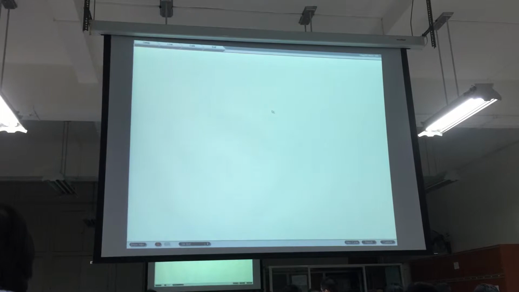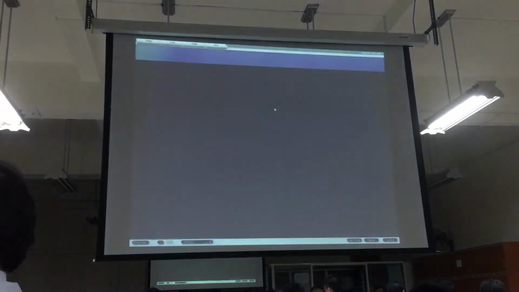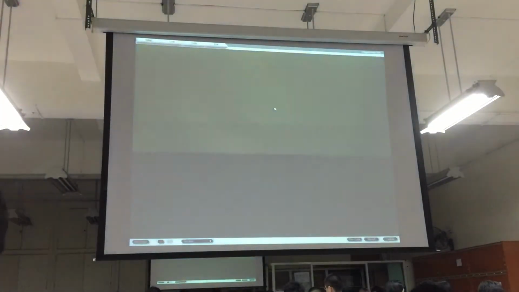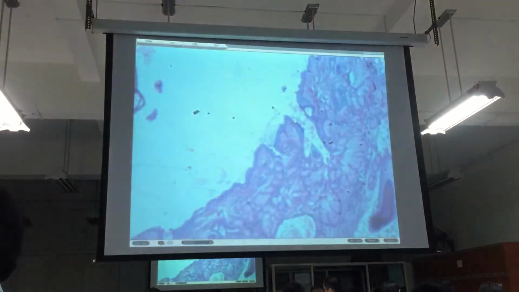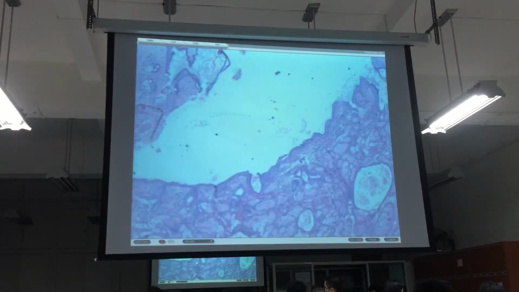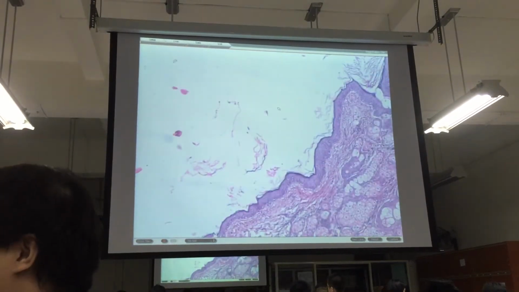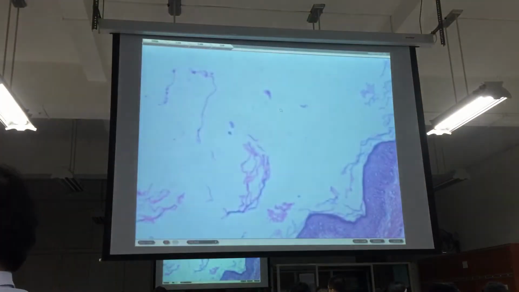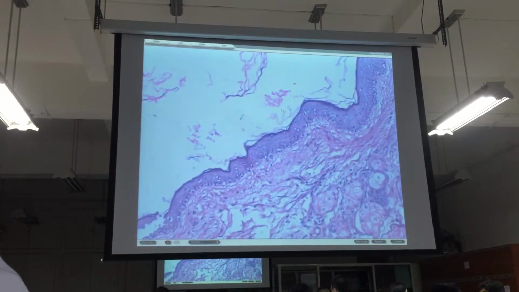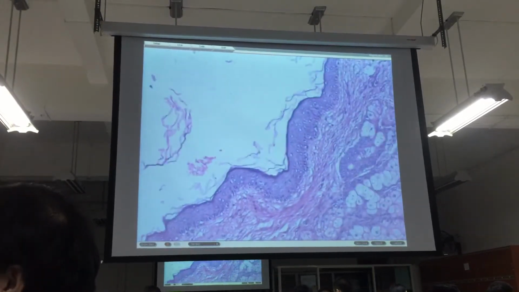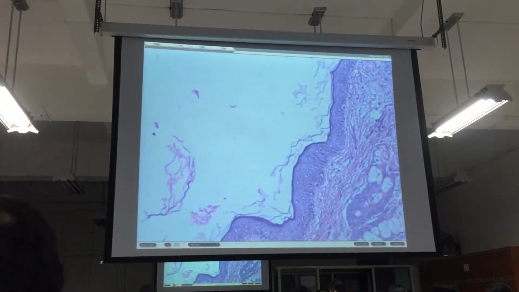Okay, number 15. This is an ovary. What is this? What's the lining epithelium here? Lining epithelium.